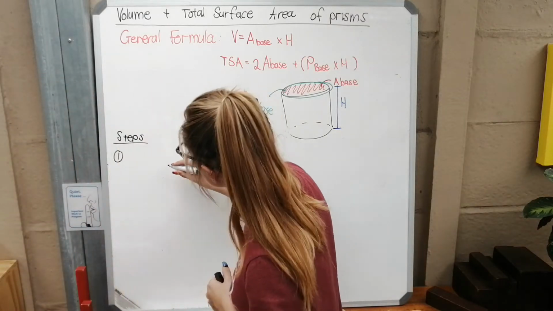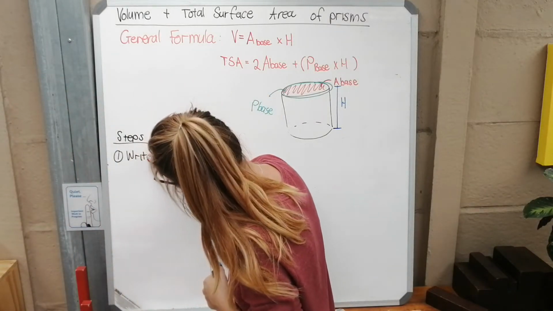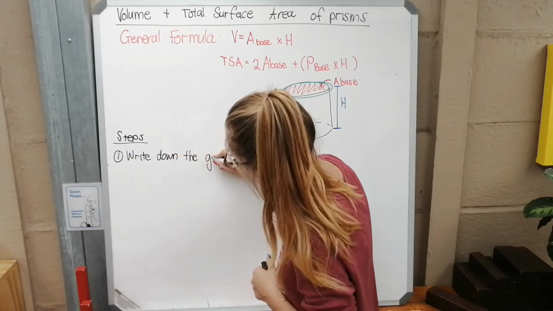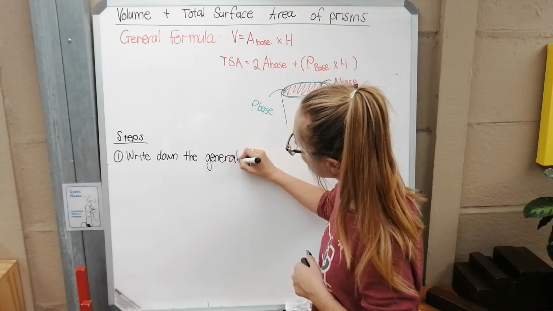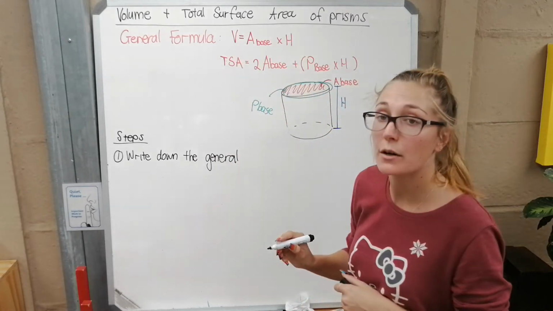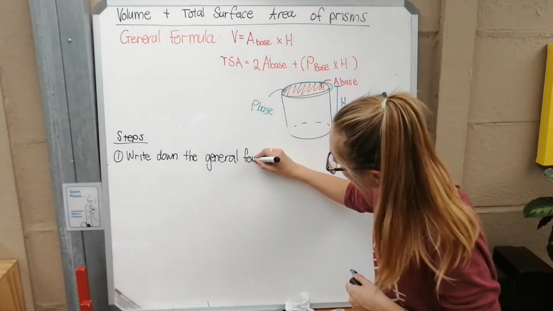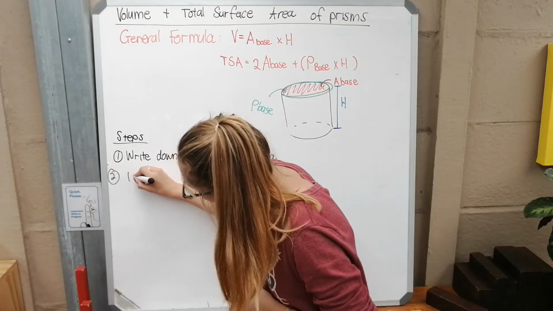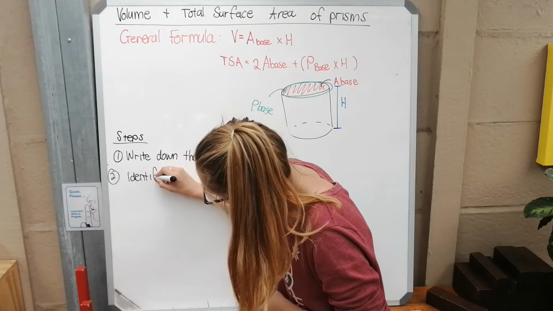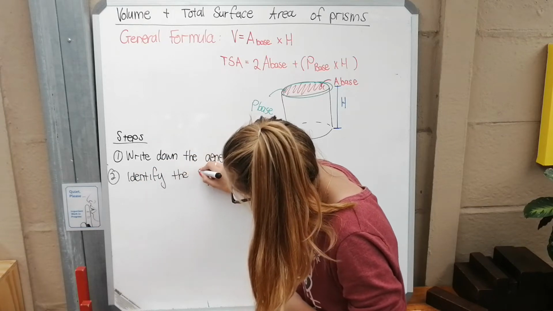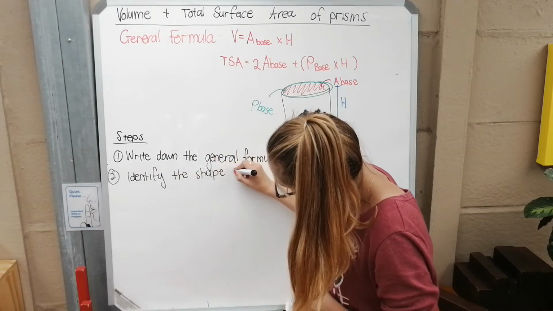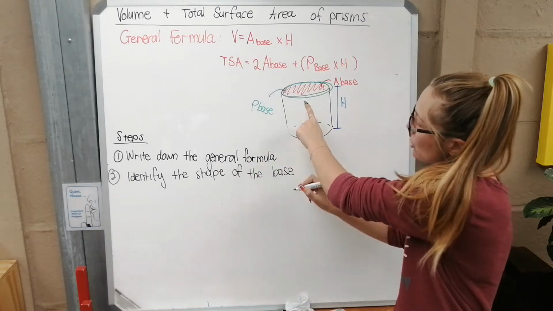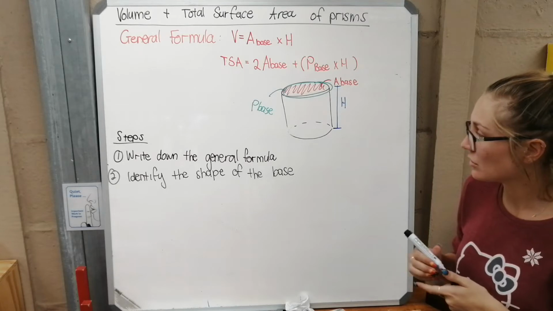Step 1 is to write down the general formula. So if you're asked to determine the volume, you'll write down the volume general formula, which you have to know off by heart, please. Okay, step 2. You identify the shape of the base. So for this one that we've drawn here, the shape of the base is a circle.